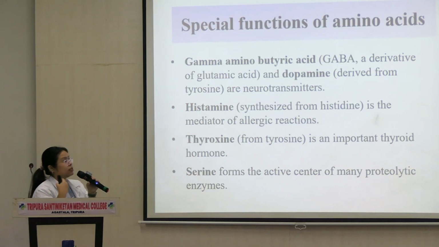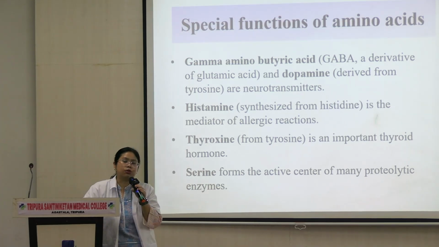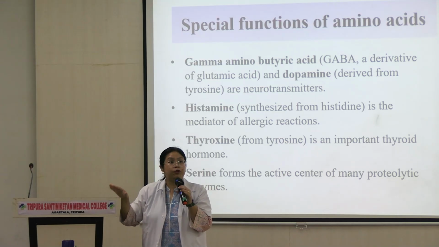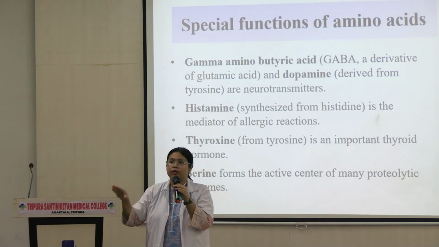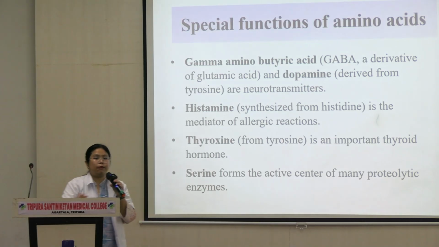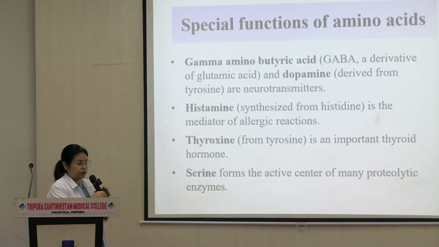Now finally, some special functions of amino acids. I said in the previous class also, all proteins are formed by amino acids, but not all amino acids form proteins. Amino acids have functions beyond the formation of protein, as we have seen already.